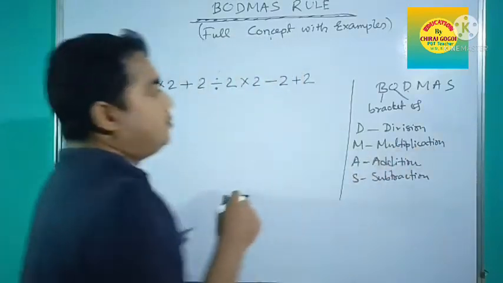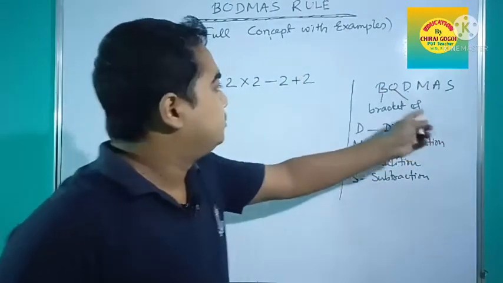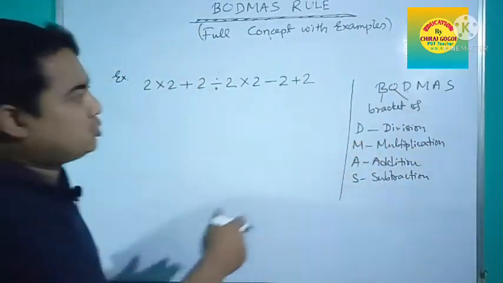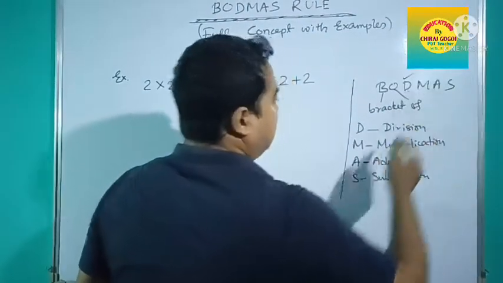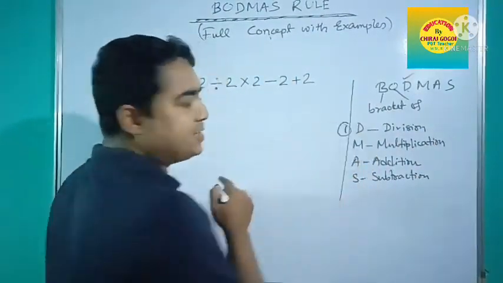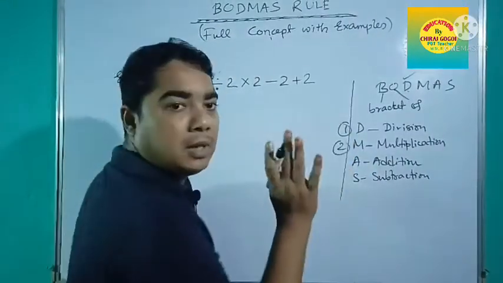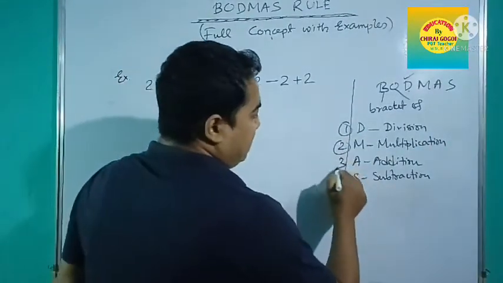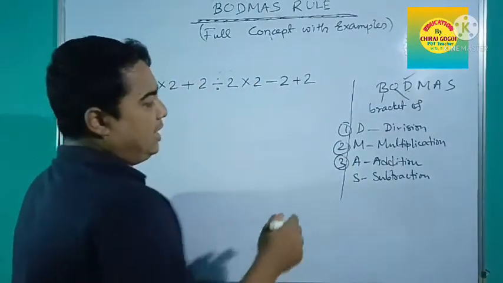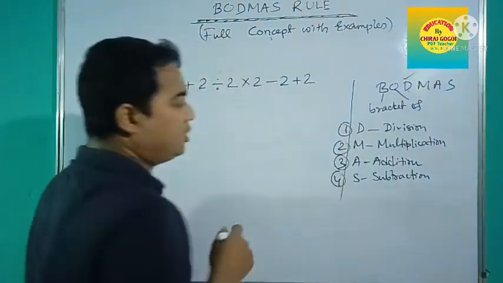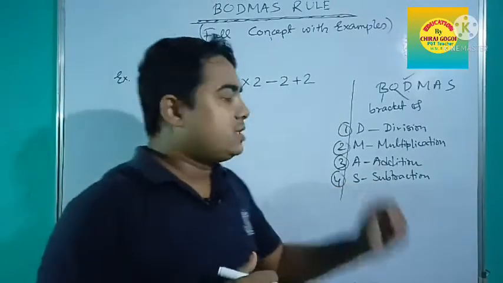There is no bracket, so let's proceed. At first we will do division. Next, multiplication. Next calculation is addition. And at last, the fourth operation is subtraction.